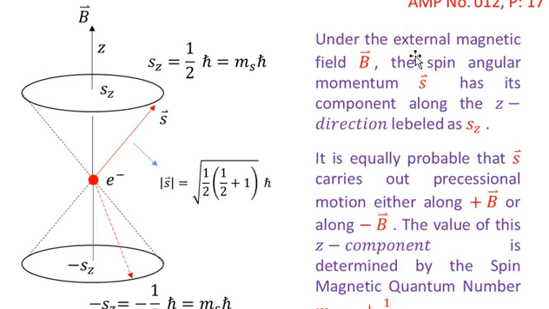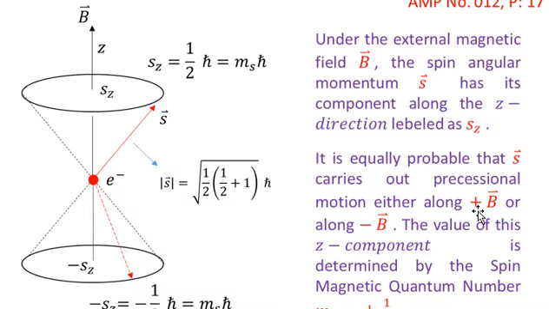So under the external magnetic field B, the spin angular momentum S has its component along the Z direction labeled with Sz. It is equally probable that S, that is the spin angular momentum, carries out precessional motion either along plus B direction or along minus B direction.